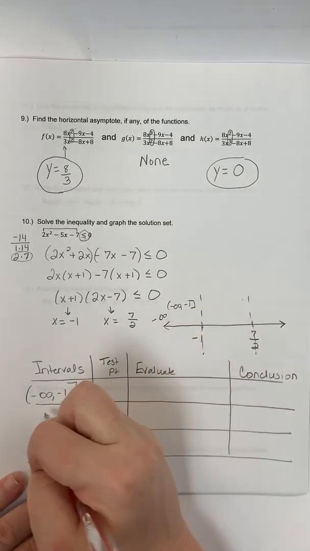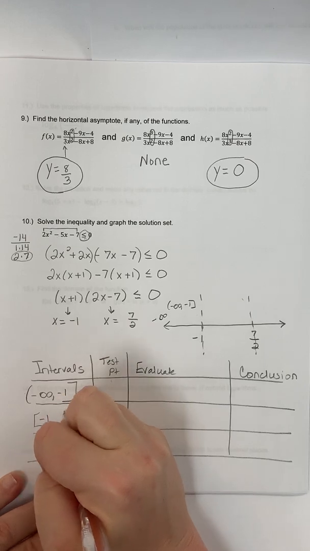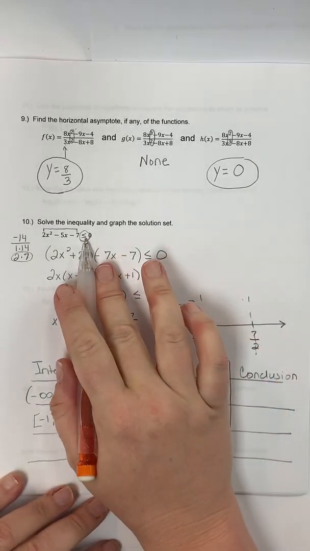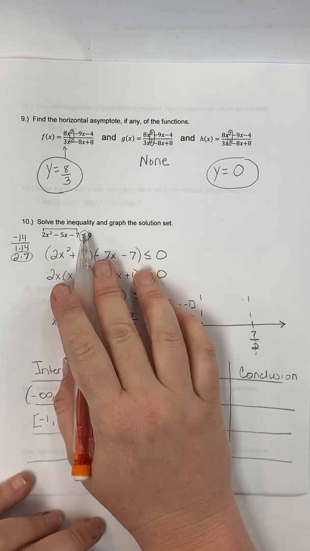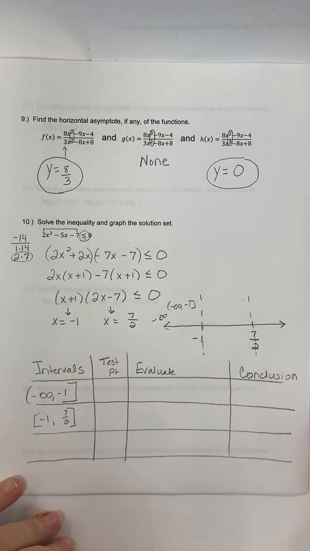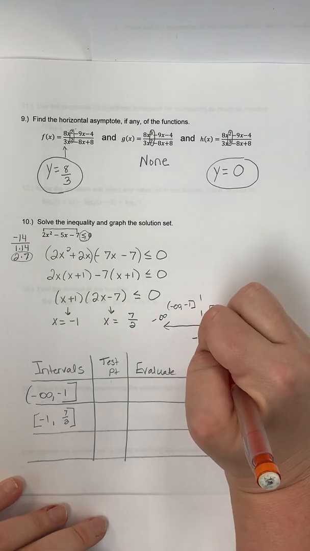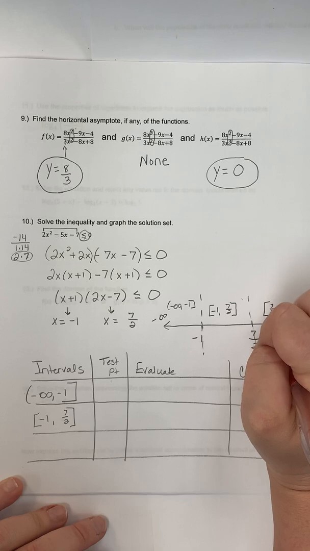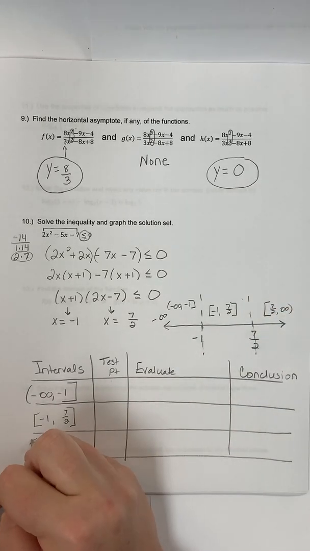Okay, next interval, -1 to 7/2. And again, these are hard brackets because of this. Some tests will have hard brackets, some tests will have parentheses. You will not have a mix of both. All right, so here we go. And then last but not least, our third interval.